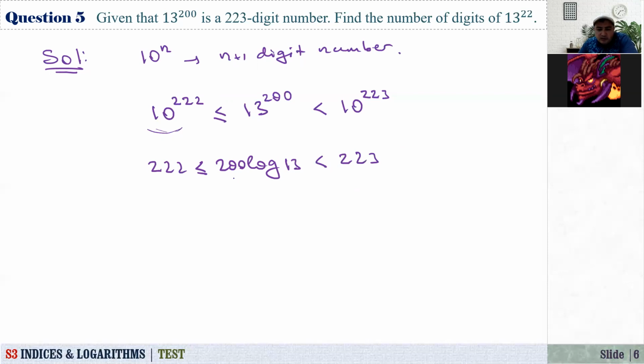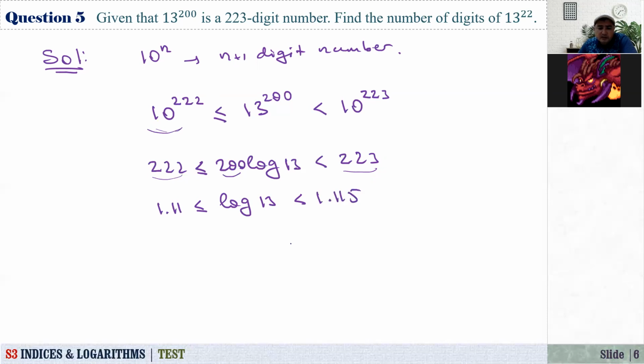So now if you divide all sides by 200, 222 divided by 200 is 1.11. That's less than or equal to log 13, less than 223 divided by 200, which is 1.115.